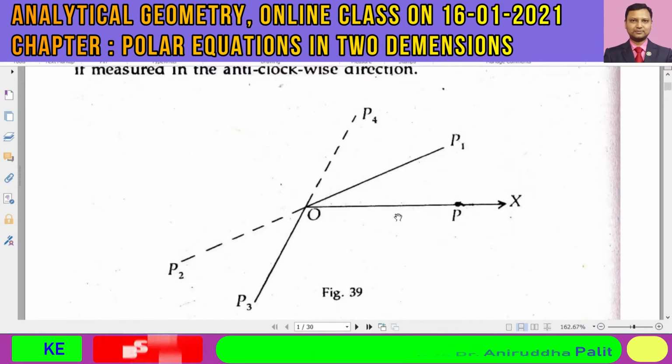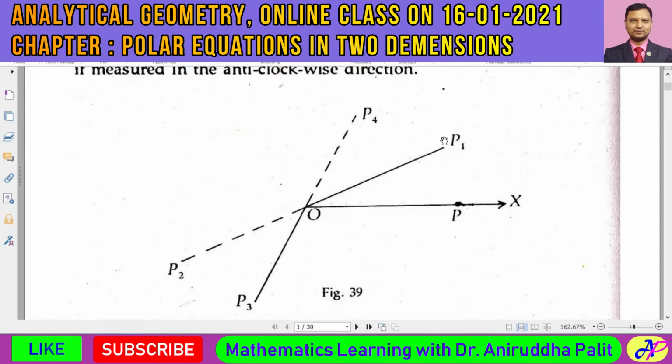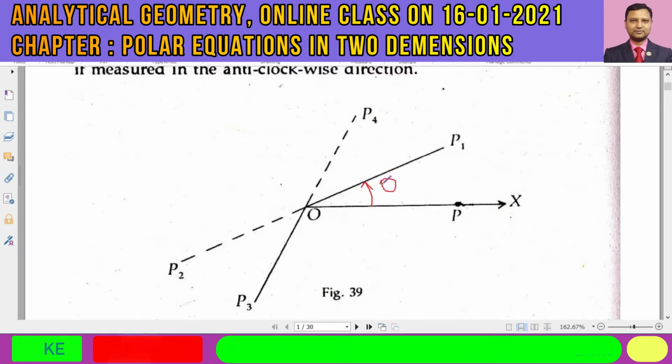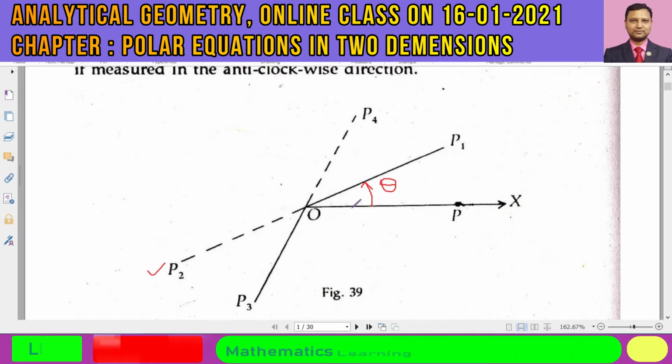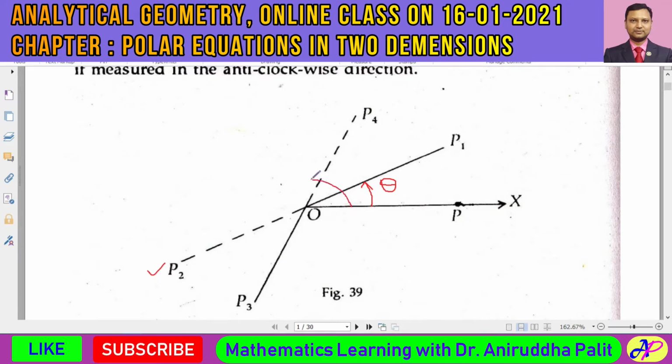You see, suppose this point P has a certain vectorial angle, suppose equal to theta. Then what would be the vectorial angle of this point P2? You see, vectorial angle is always represented in anti-clockwise direction.